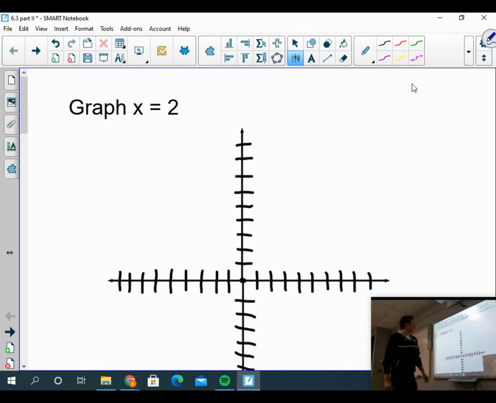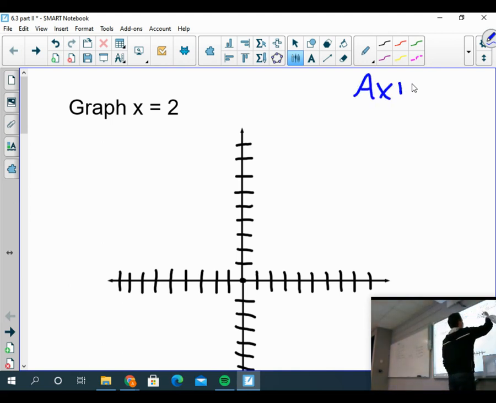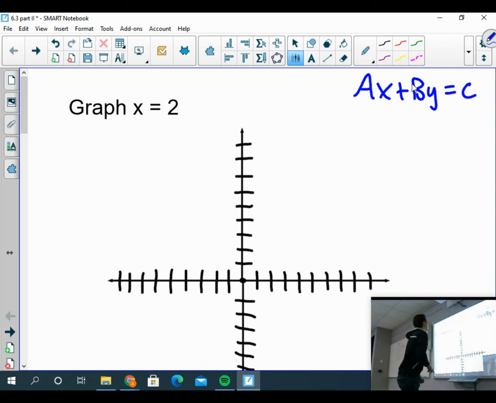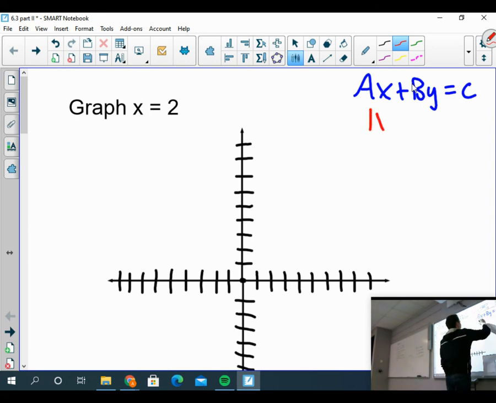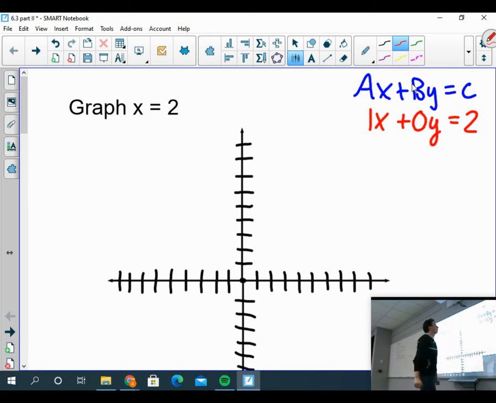If we again imagine standard form ax plus by equals c, what we can see is occurring here is, again, we have 1x, we have c, but what we are missing is that 0y. We just don't write it in math. When we have nothing, we just don't write it.